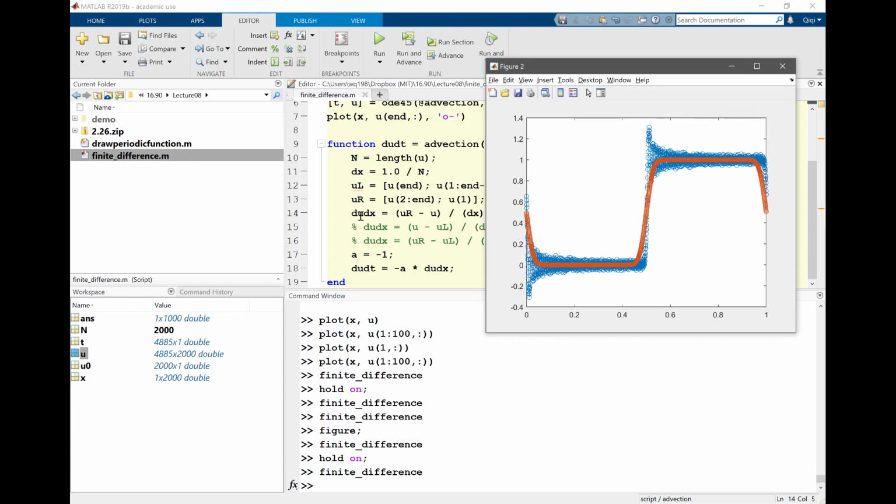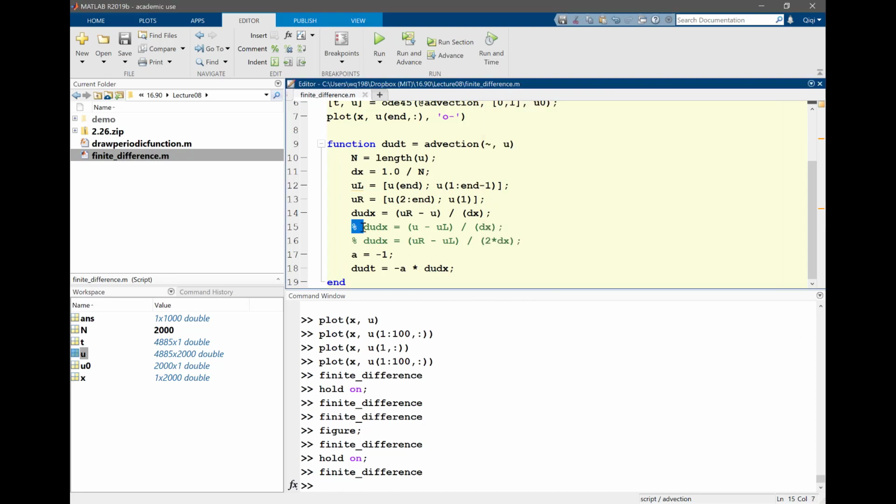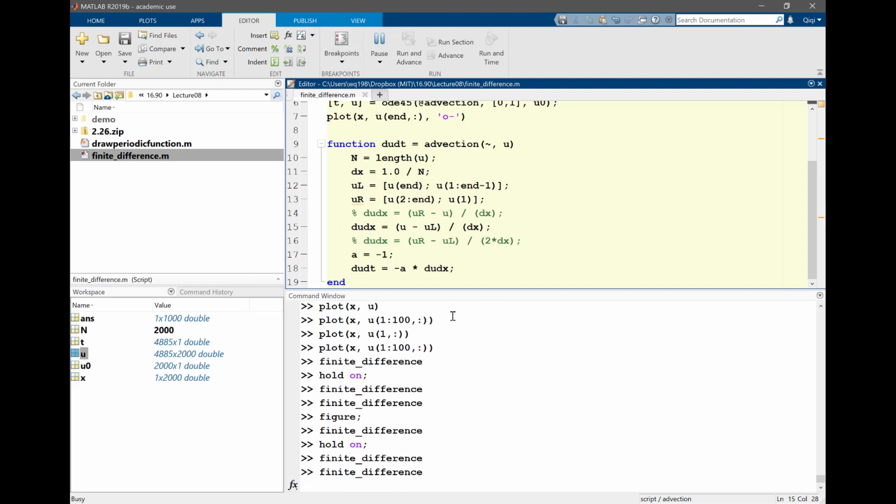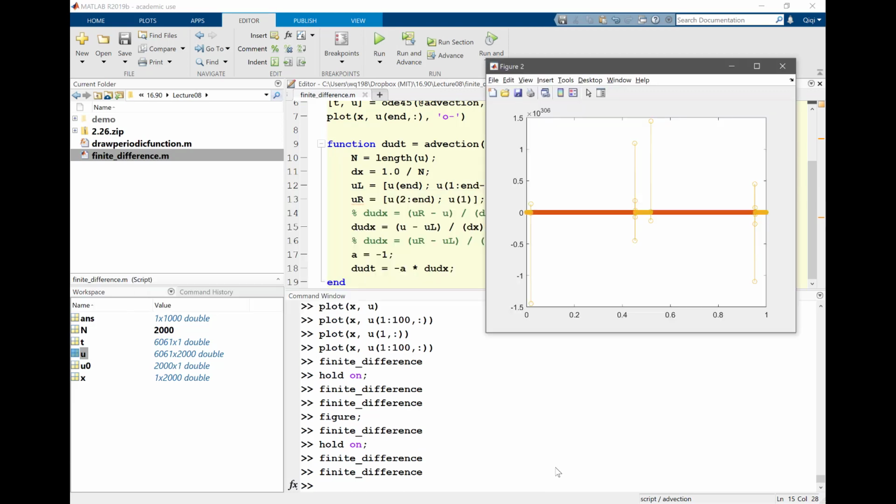We are running our first option, which gives us NaNs in the previous case, and now it gives us a solution. And finally, if we use the previously stable method to discretize the derivative, and we run it, we get unstable values, right?